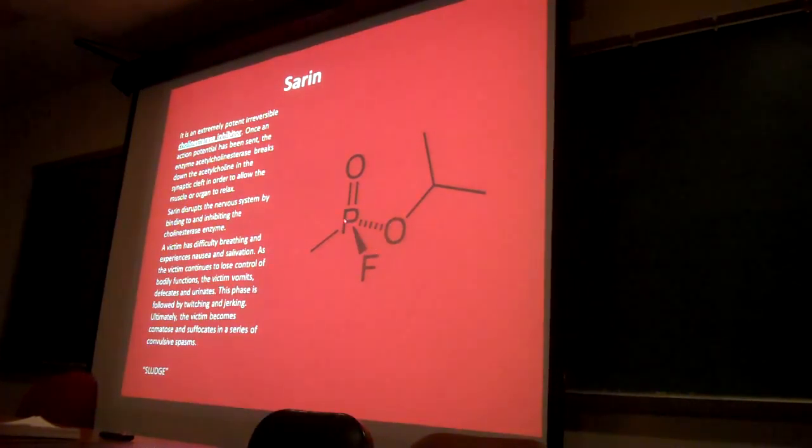The electrons will be sucked in because this fluorine is pulling so many electrons off that phosphorus that makes it a positive charge, and those electrons on the oxygens will come in and hit this, and then this will leave as an alcohol. Okay, but this will permanently bond then to the cholinesterase, and probably in a lot of different places, but enough places that it shuts it down and it no longer breaks the acetylcholine in half.